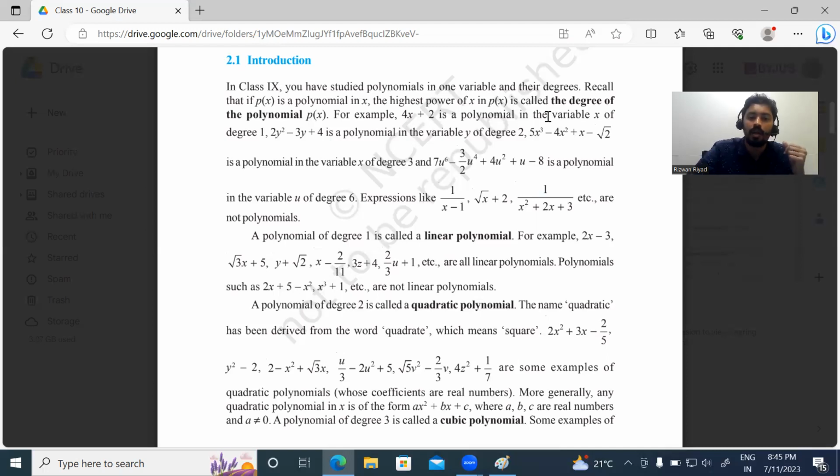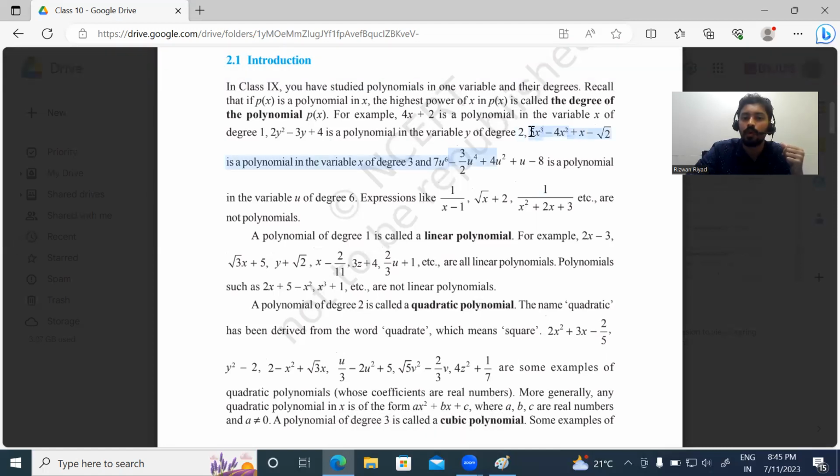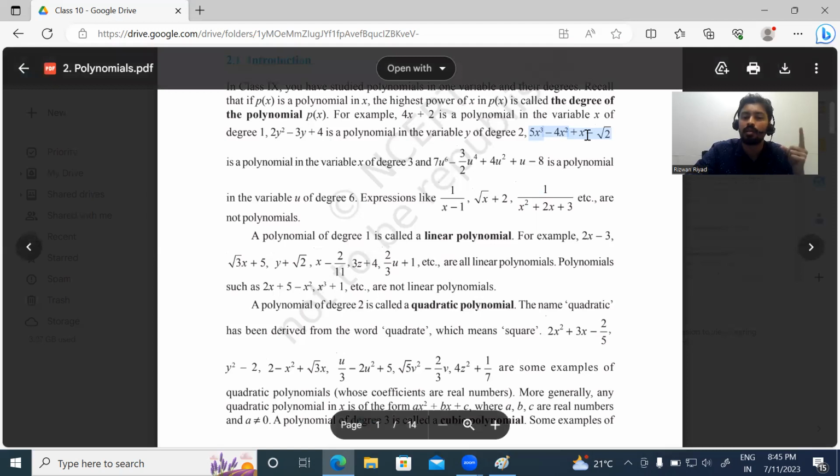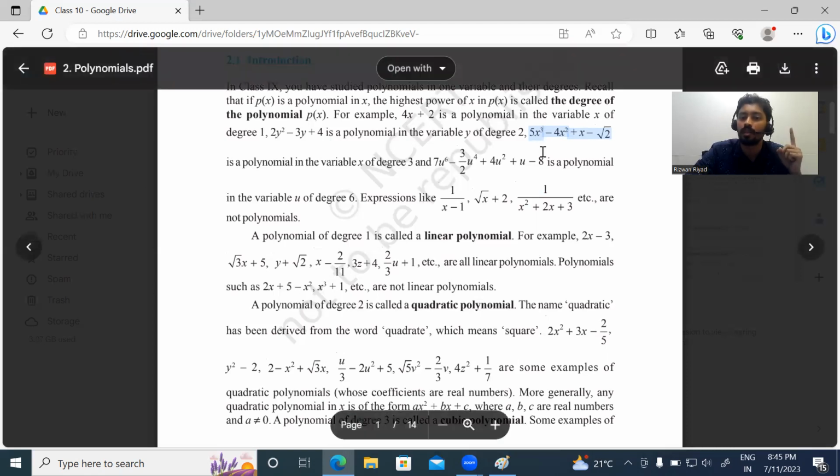For example, let's take this polynomial: 5x cube minus 4x square plus x minus root 2. Which is the highest exponent of the variable x? For x, the exponent is 1. For minus 4x square, the exponent is 2. For 5x cube, the exponent is 3.